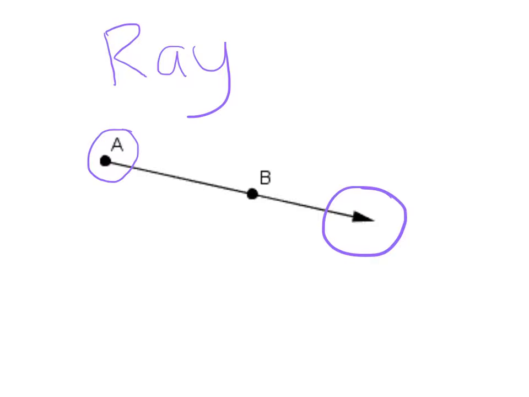Okay, so naming a ray is a little bit more challenging than naming a line segment or a line. It can only be named one way. So when you're naming a ray, it has to start with the endpoint. So this is the endpoint because it is on the end. So it is called an endpoint.